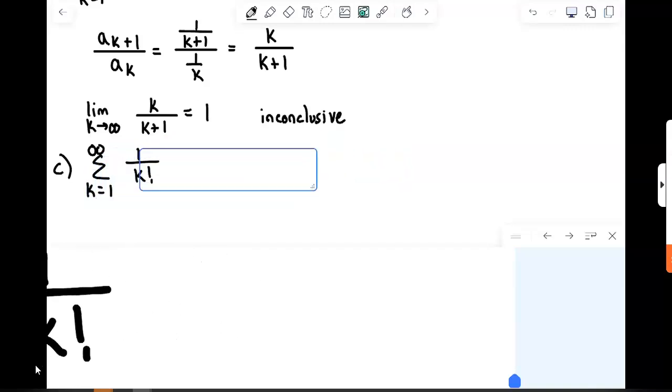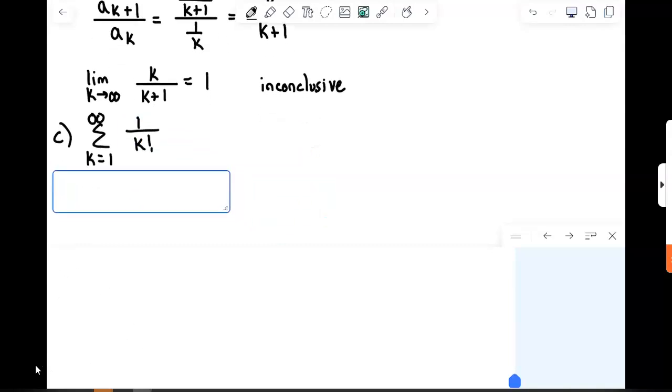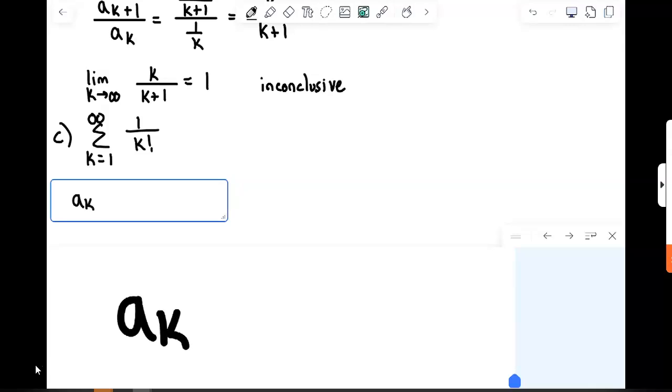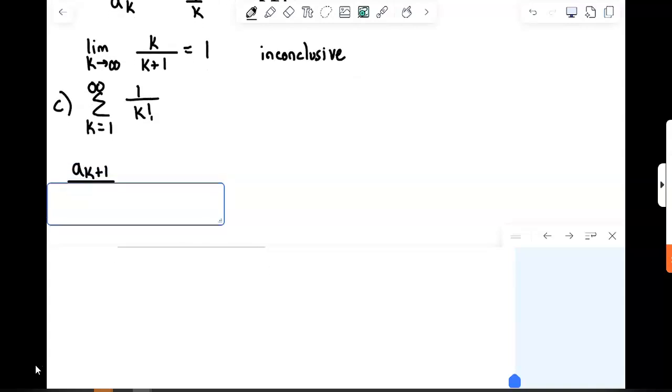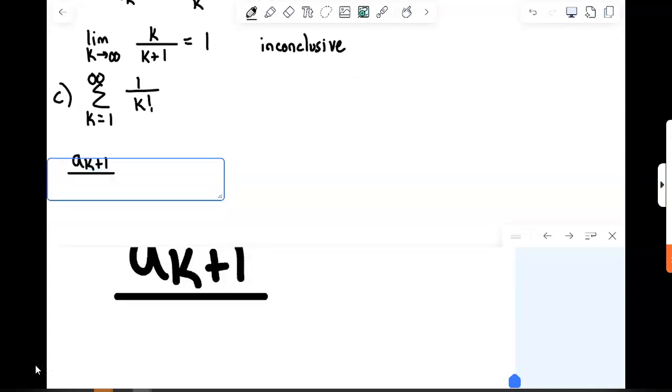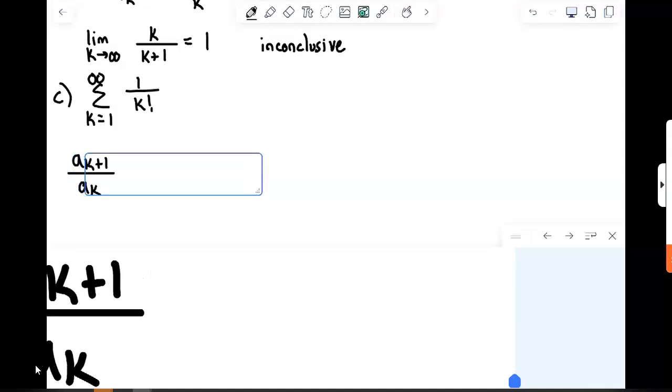So again, this is positive, so I won't deal with the absolute value here. So once again, I first want to compute my ratio, a_(k+1) over a_k.